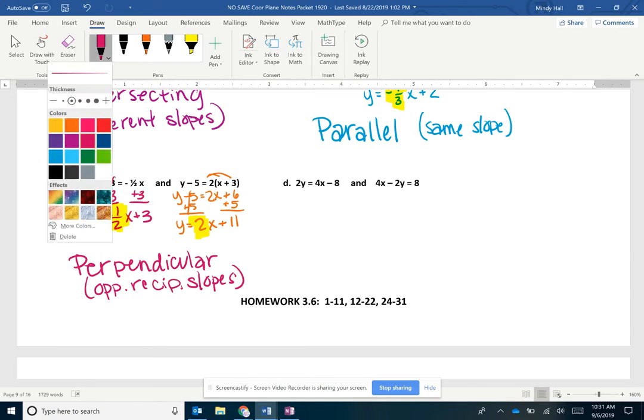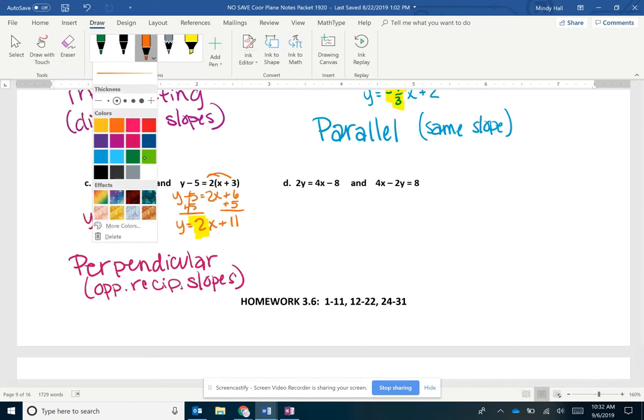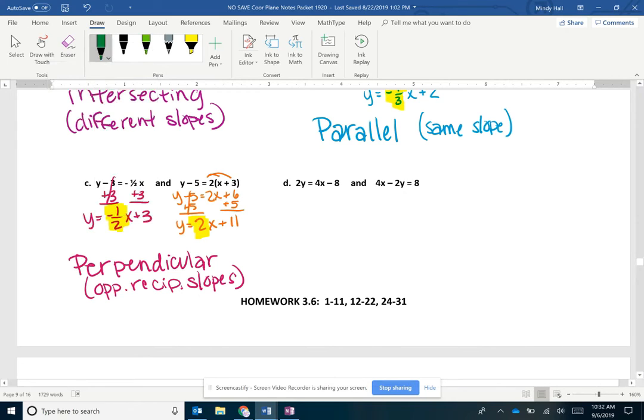So then, last but not least, we have these last two equations. So again, trying to make them look similar. Since the one on the left is just 2y, I know that if I'm able to make the one on the right equal to 2y, I'll be able to compare them. So I am going to start by subtracting 4x on the right side, because then I end up with -2y equals -4x plus 8.